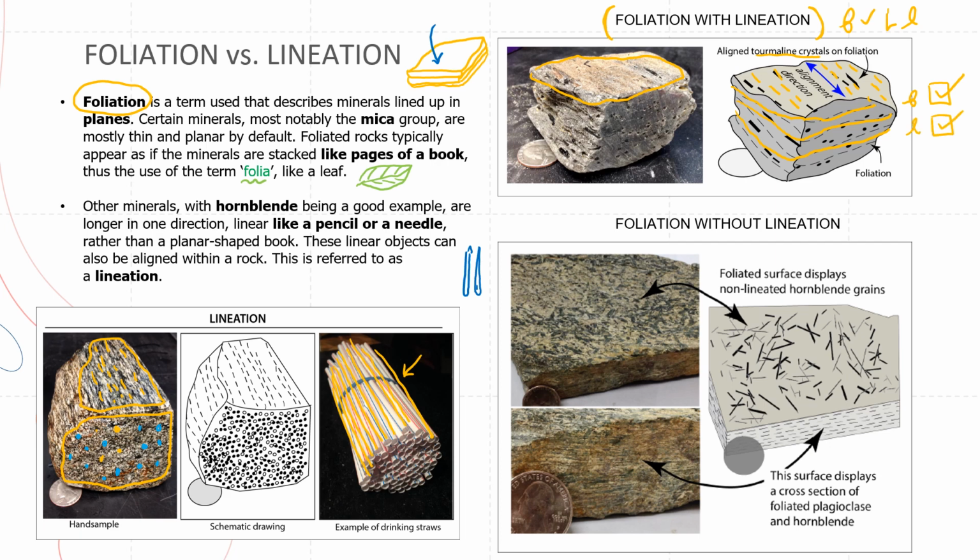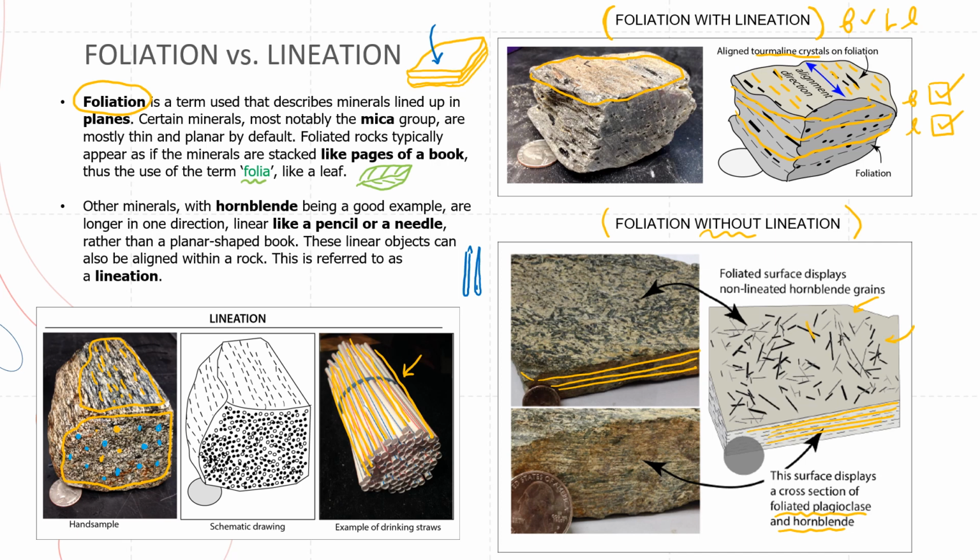And our next example is foliation without lineation. So again, we get to make out the individual planes in the rock. So we have planes that display the foliated plagioclase and hornblende, but on the surface you see that they don't have any alignment.